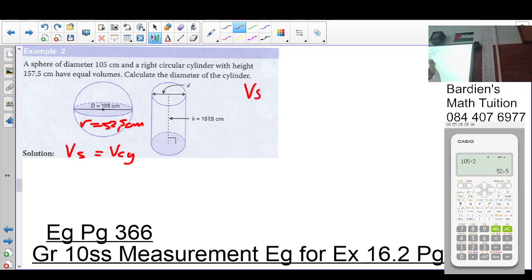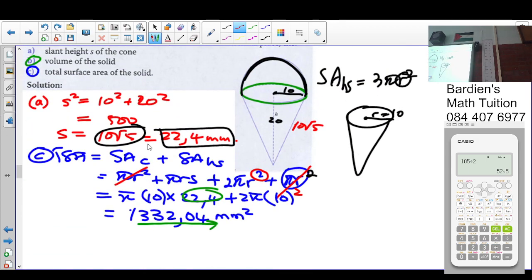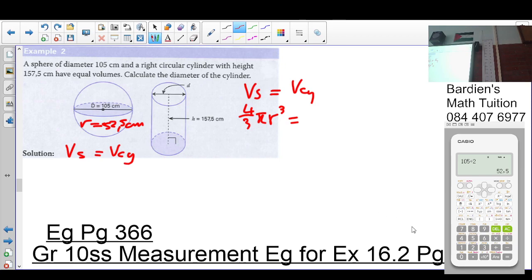So if the volume of the sphere is equal to the volume of the cylinder, how do you calculate the volume of the sphere? 4 over 3 pi r cubed is equal to the volume of a cylinder, which is area of base times height. So it's going to be pi r squared times height.